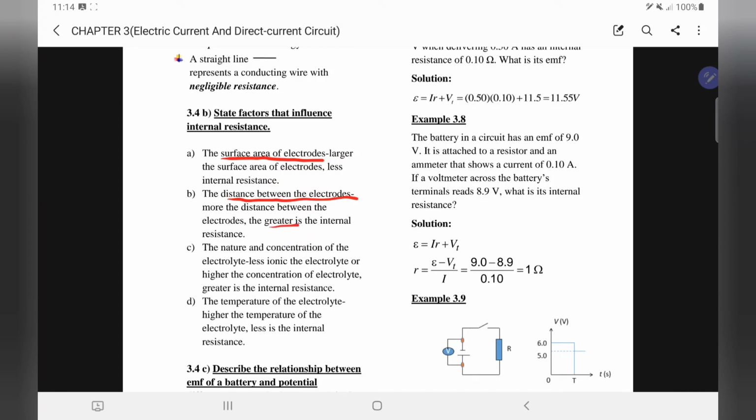The other one is the nature and concentration of the electrolyte. A higher concentration of the electrolyte gives greater internal resistance. And lastly the temperature. Higher temperature gives you less internal resistance.